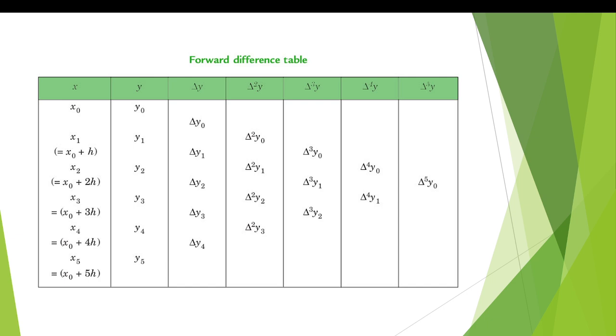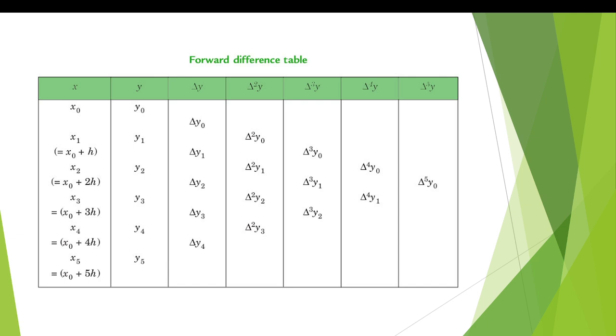Here I have written the forward differences table. The first column is the x value, say x naught, which is the first value of the x values. Then x1 is equal to x naught plus h, x2 is equal to x naught plus 2h, x3 is equal to x naught plus 3h, x4 is equal to x naught plus 4h, and x5 is equal to x naught plus 5h.